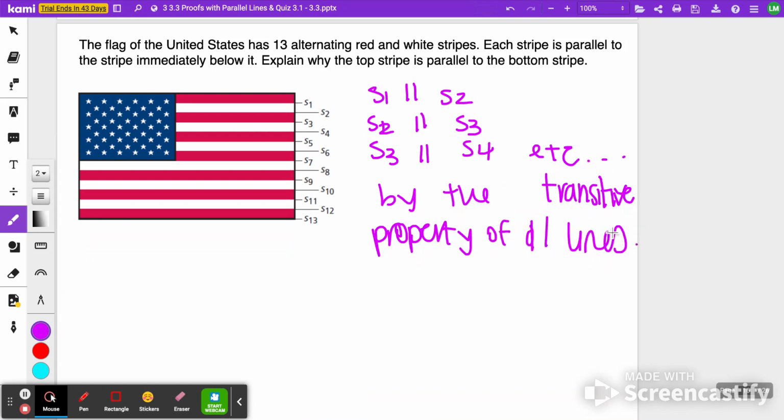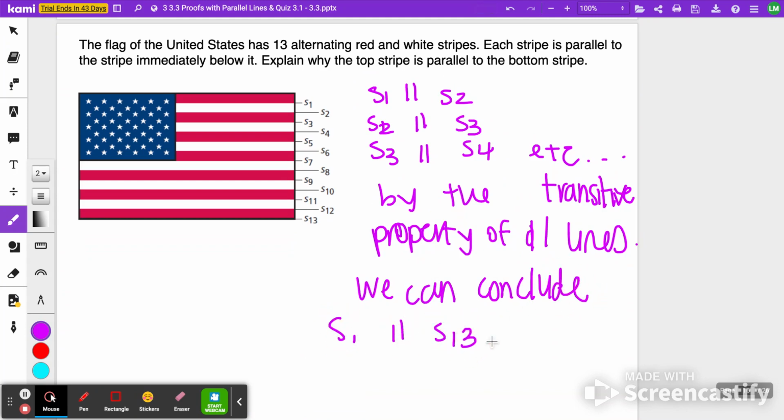Okay, we can conclude stripe 1 is parallel to stripe 13.